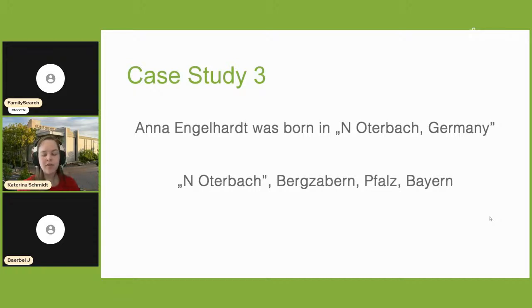So if you had a record and you saw that she listed her location as N. Otterbach, how would you then go from N. Otterbach to finding a location on Meyer's Gazetteer? So pull up www.meyersgaz.org and try searching for N. Otterbach. And I'll give you a couple minutes and then we'll come back and talk about that.